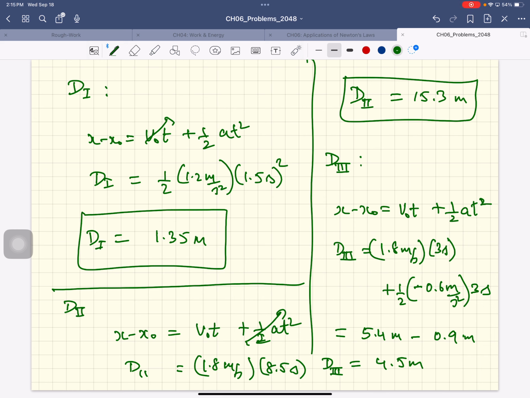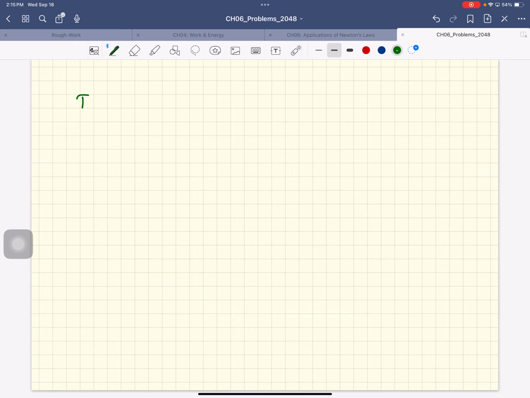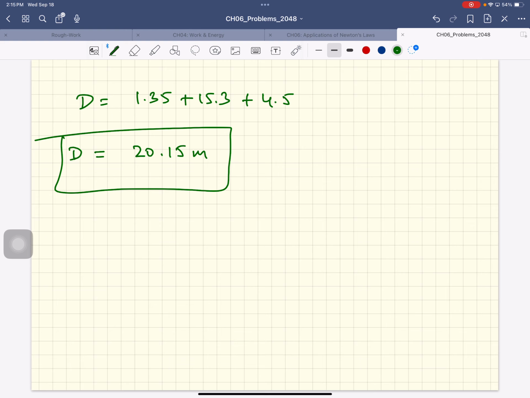The total distance traveled is the sum of these three distances: 1.35 plus 15.3 plus 4.5, so roughly 20 meters.